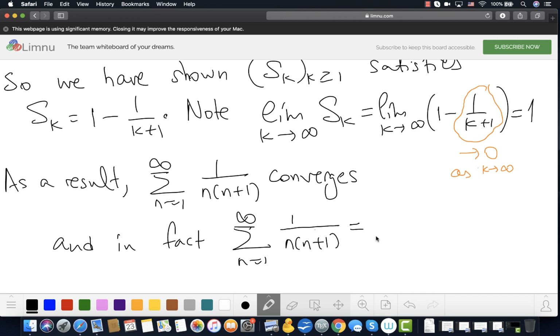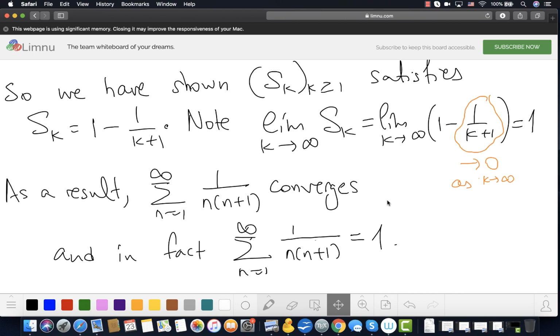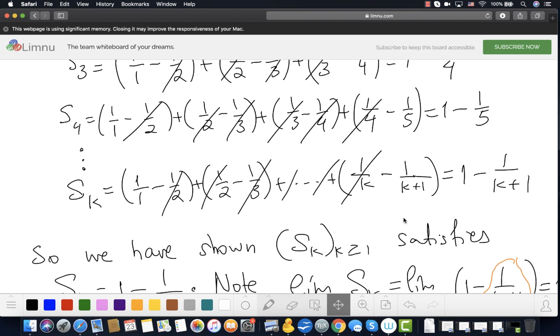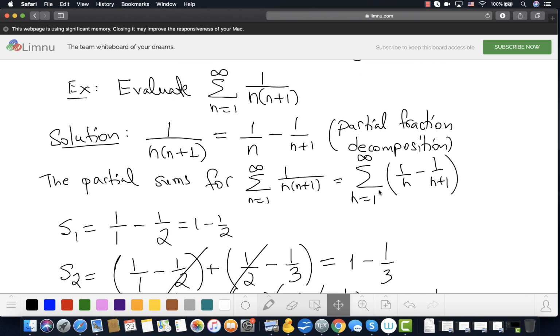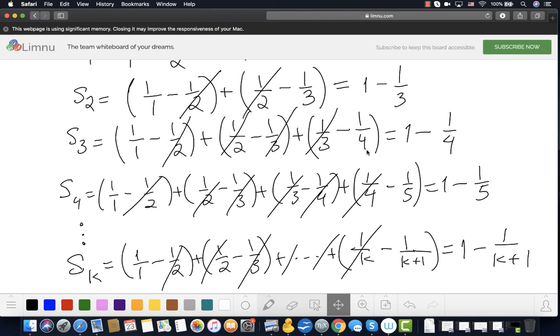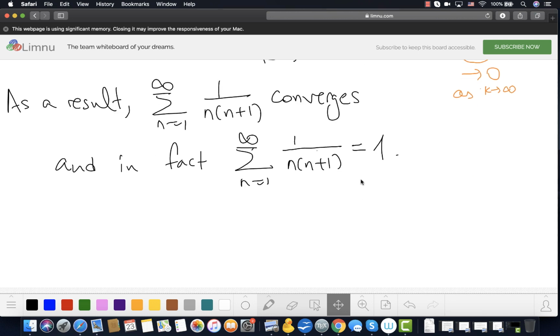So this is in fact 1. Okay, so we evaluated the sum, which was exactly what the question was asking, right? The question was asking us to evaluate this infinite series, and we conclude that it is in fact equal to 1.